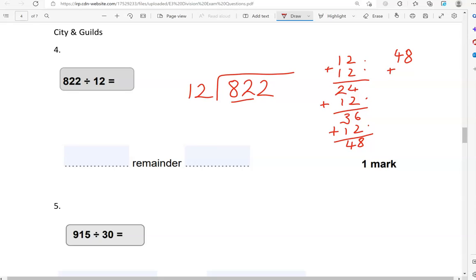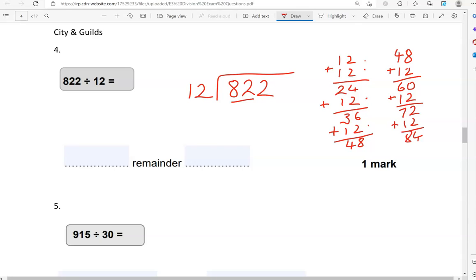If I add another lot of 12, I get 60. If I add another, that is 72. If I add another lot, that is 84, which is higher than 82.